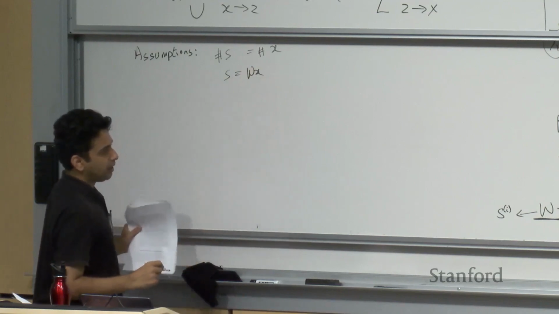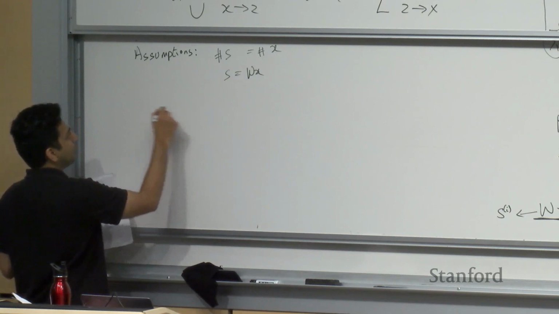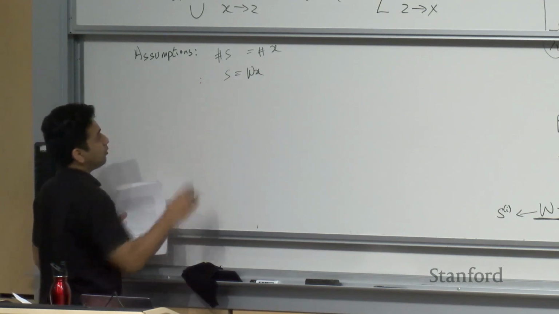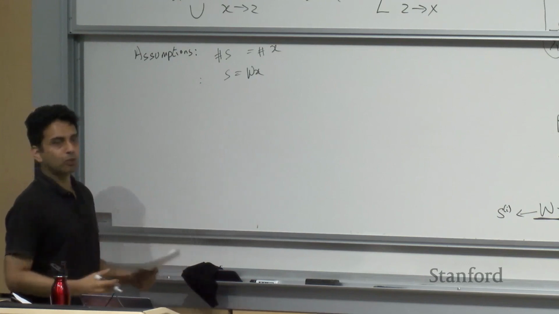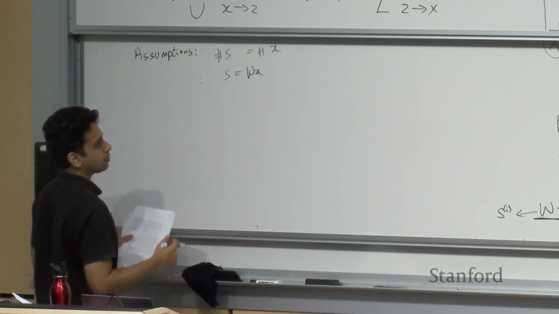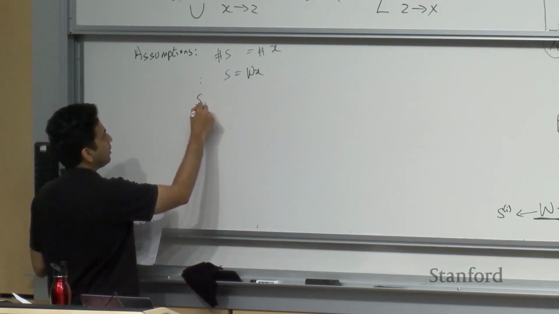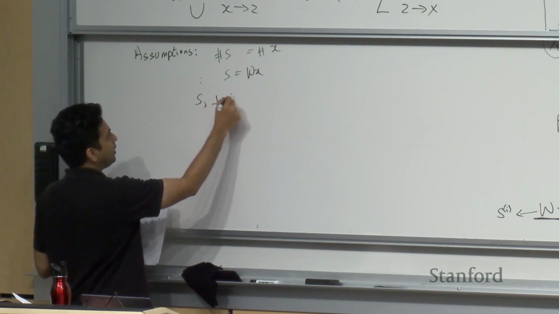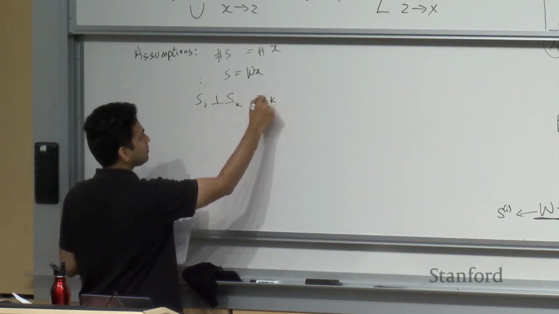We made a linearity assumption. With just these two, it's impossible to recover. We need to make some more assumptions. The assumption that's going to help us recover is that we assume Sj is independent of Sk, where j is not equal to k.